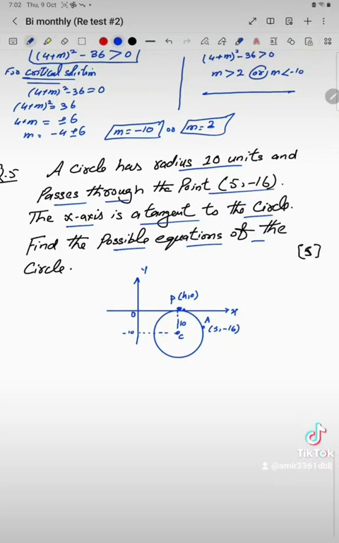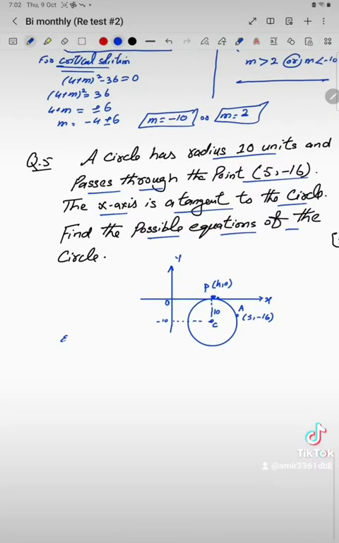We know the equation of a circle is what? The equation of a circle with center (h, k) and r is 10 is (x minus h) whole square plus (y minus k) whole square is equal to 10 square.